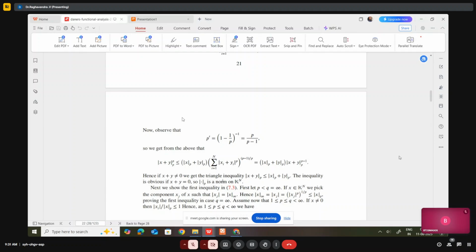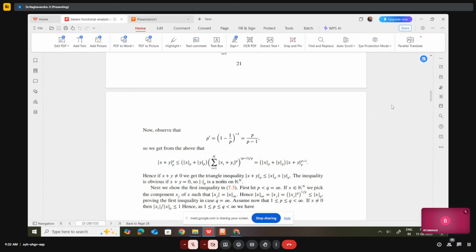Okay. This last step: norm of x plus y raised to p. You see, what you want to show is that the norm of x plus y raised to p is less than or equal to something. But I have a power p here. So raise it to 1 over p.